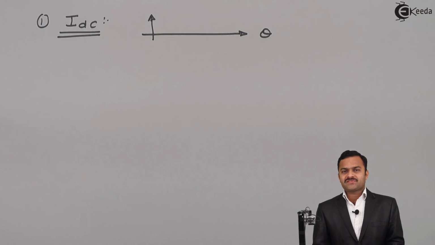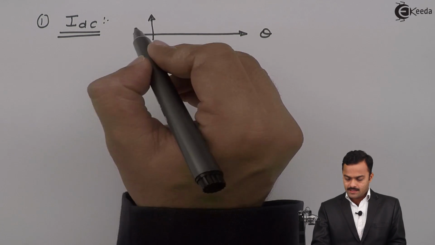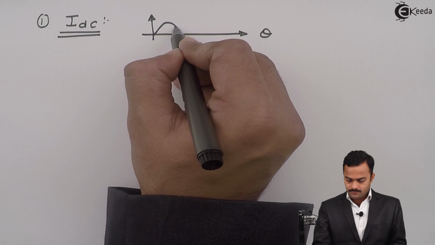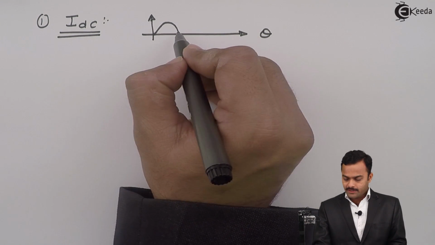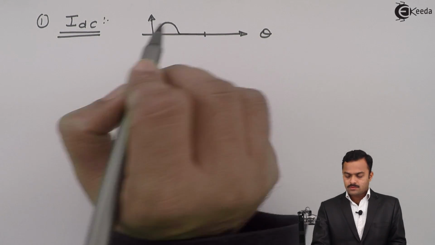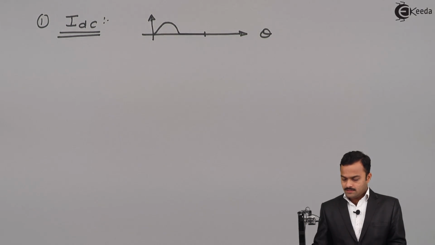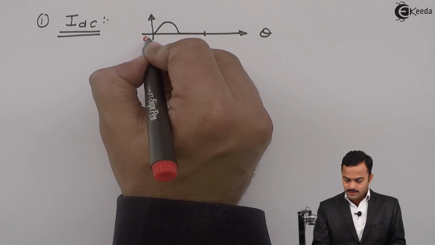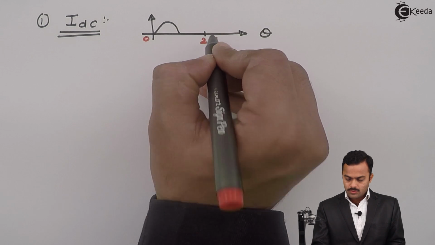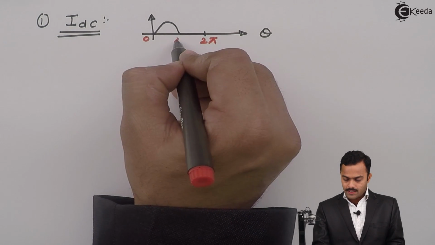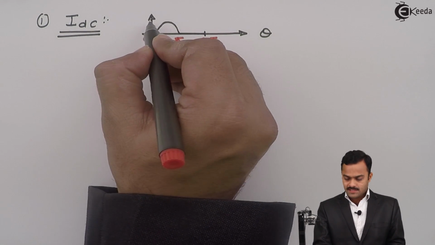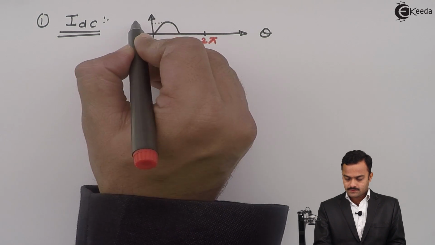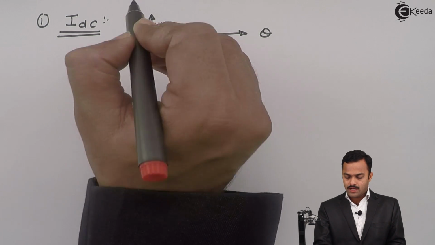During a positive half cycle of AC supply, I am getting a current waveform, and for negative half cycle it is 0. So if I consider this is a cycle from 0 to 2 pi, only during 0 to pi I am getting a current same as the supply current having a maximum value Im.